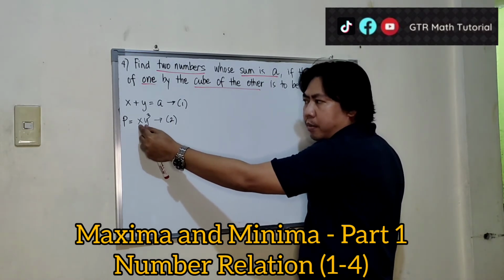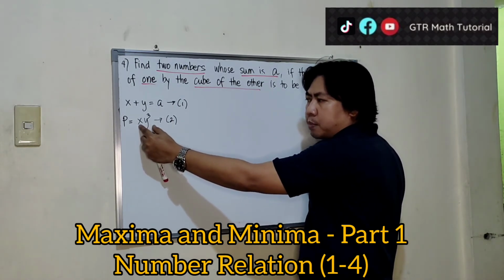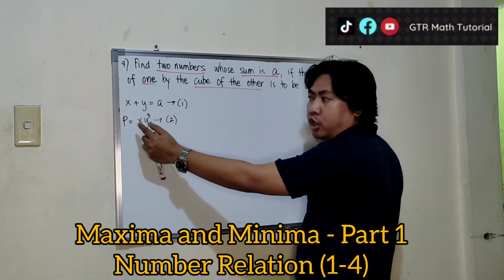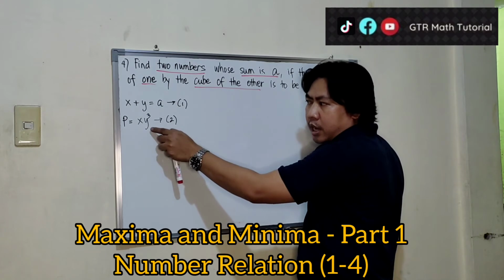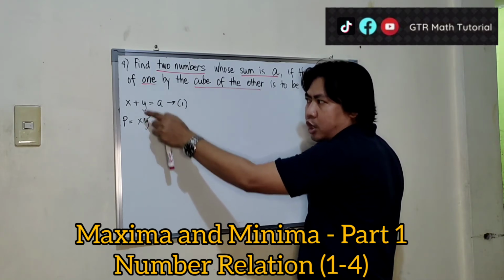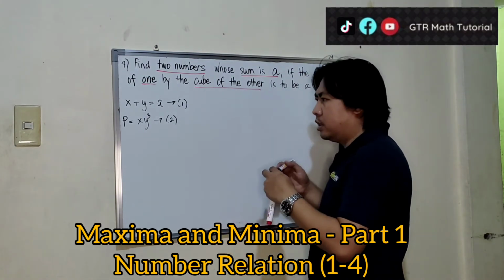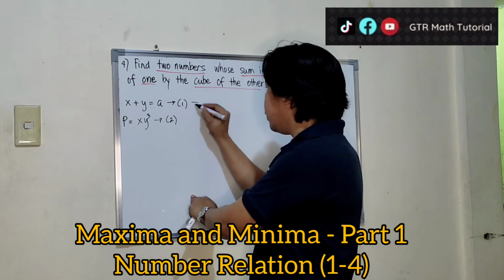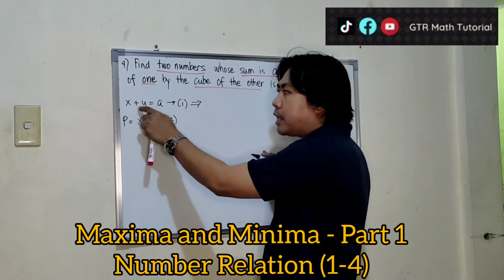Since we have two variables x and y, we're going to express this as a function of x only or y only. So let's solve y in terms of x, express y in terms of x using equation number 1. So we have x plus y equals a.